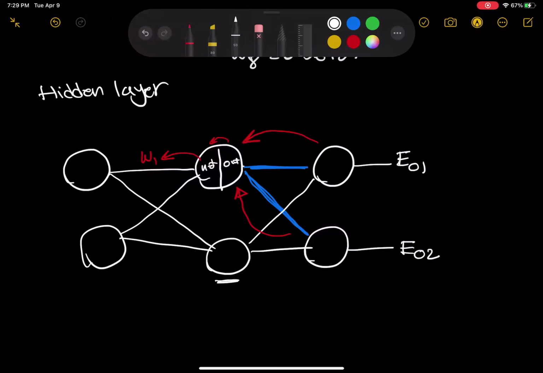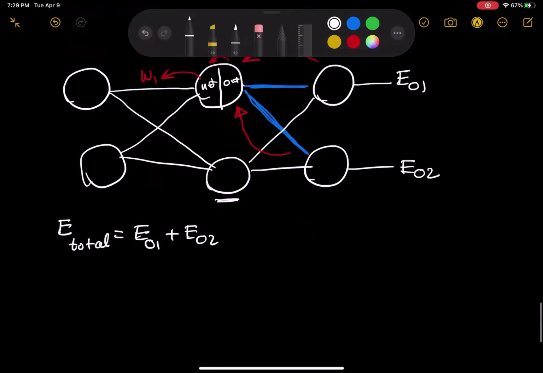Let me write it down; it would probably clear it out for you. First, let me write the formula that we already know. In this diagram I didn't draw the bias, but the bias is the same as we had before. E total equals E o1 plus E o2, right?